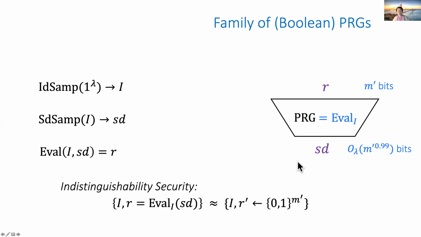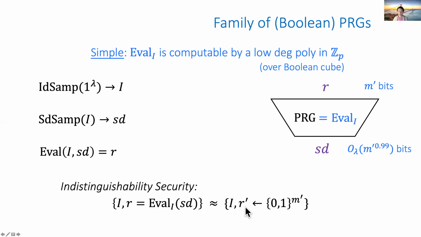The security requires that given the function index and the output of the PRG, the output should be indistinguishable from a truly random string. And when we talk about simplicity of the PRG, what we mean is that we want the evaluation algorithm for any function index to be computable by a very low degree polynomial over the Boolean cube.